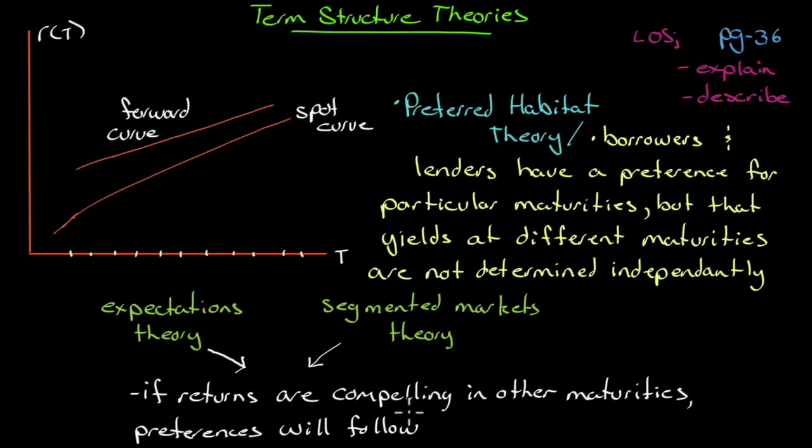If returns are compelling in other maturities, preferences will follow. So I may prefer to play at the short end of the curve, but if I see some wicked mispricing at the long end, I go, oh, come on, that's just begging to be fixed. There's an opportunity here. I'll do it. I prefer this range, but I don't mind dipping my toe in the deep water if it makes sense.